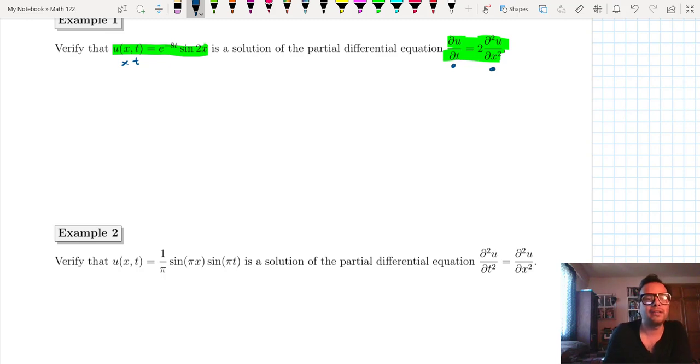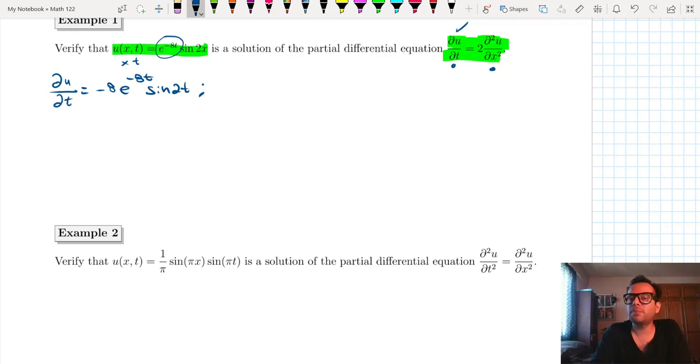Okay, so I'm going to write the first partial with respect to t, which is, notice in this case we just differentiate the exponential part, which is going to be negative 8 e to the negative 8t sine of 2x. Okay, so we already got the first derivative with respect to t. Now let's take the two partial derivatives with respect to x.